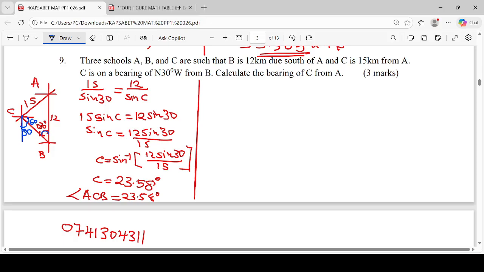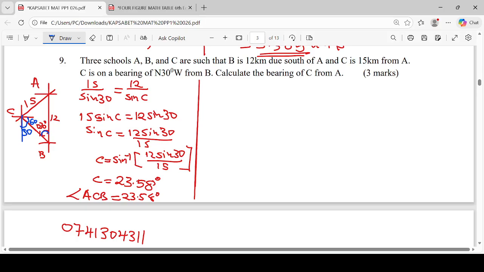But now, what you need to know, C is on a bearing from B, north 30 degrees west. We try to integrate the cosine rule. And when you integrate the cosine rule, I think we can use the cosine rule to get the length of BC.